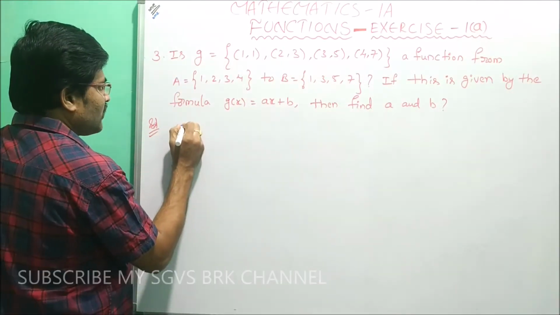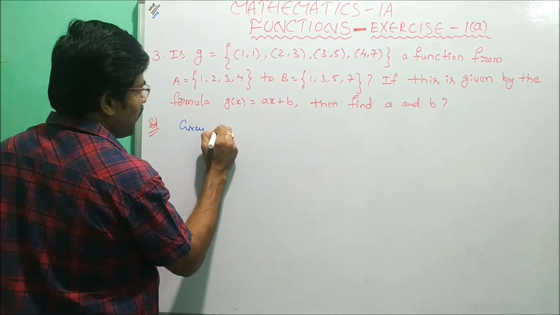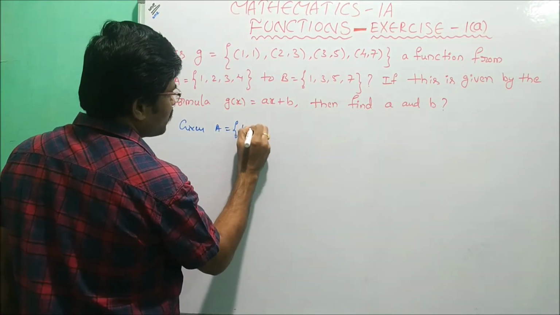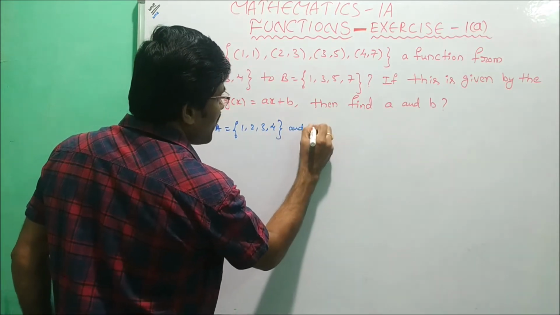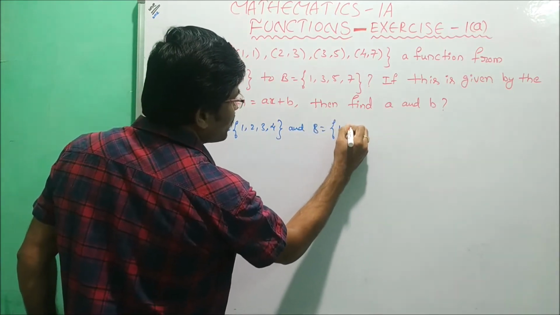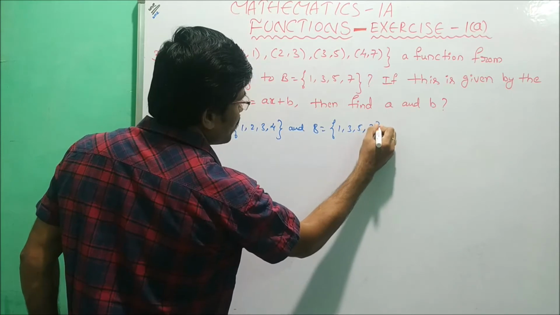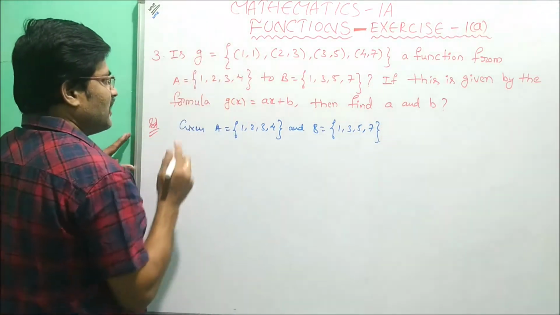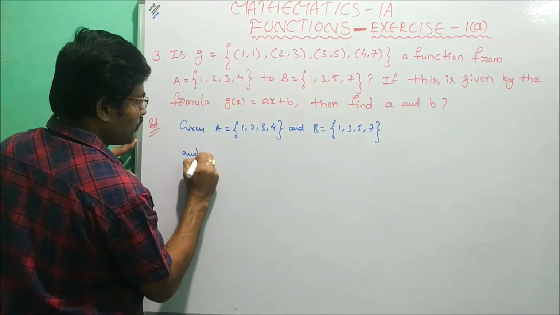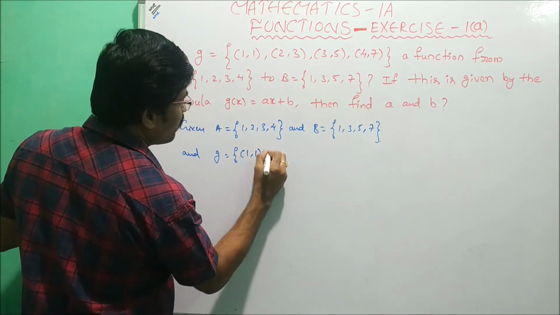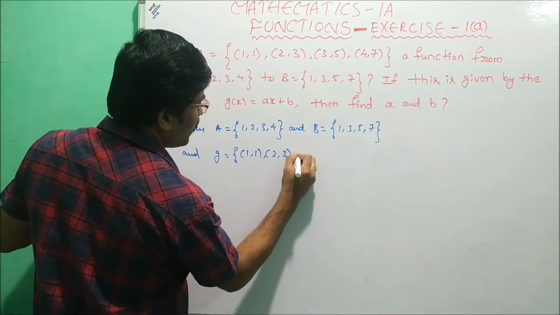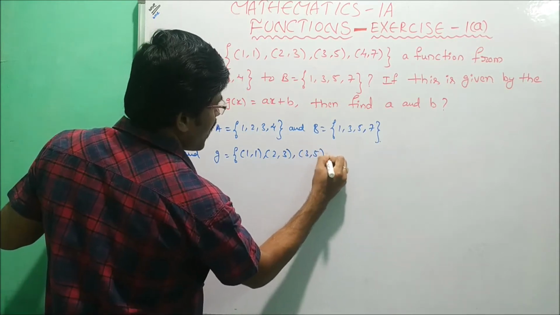In the given sets, A equals {1, 2, 3, 4} and B equals {1, 3, 5, 7}, and the given relation is G equals the set of ordered pairs (1, 1), (2, 3), (3, 5) and (4, 7).